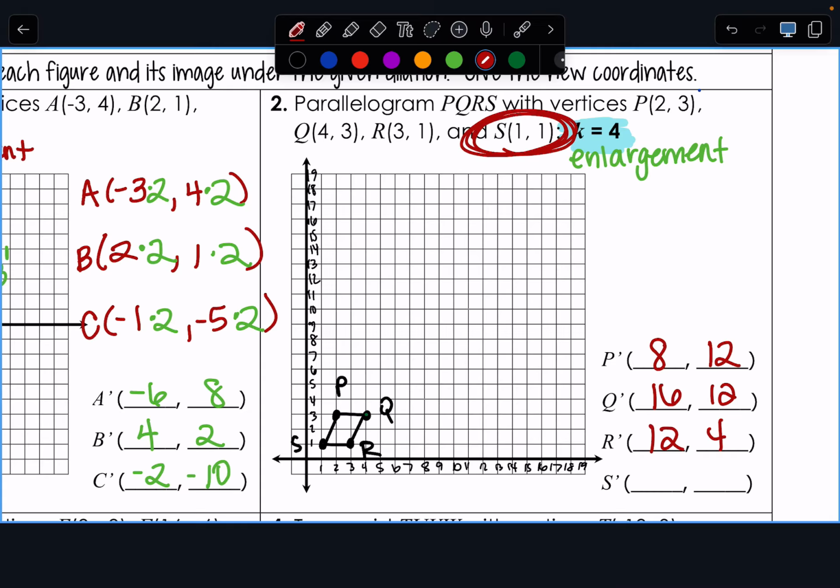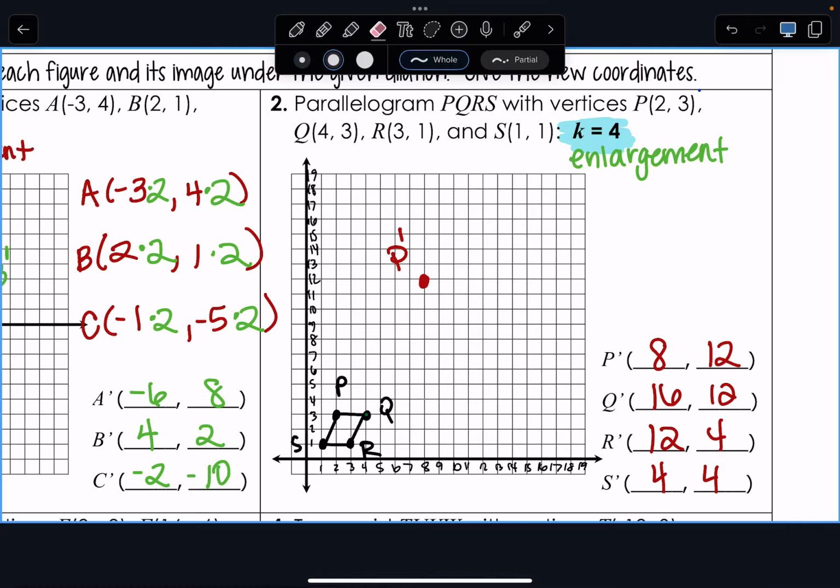4 and 4. Okay. So when we go to graph these, remember 8, 12 means I go right 8 and then I go up until I find 12. Graph that with me and mark it as the new P coordinate. 16, 12. I'm going to go over to 16 and up to 12.